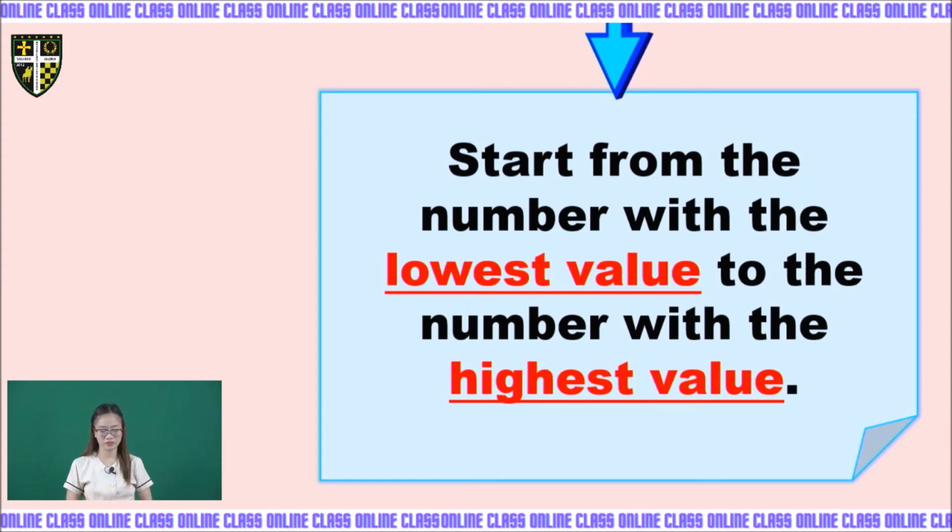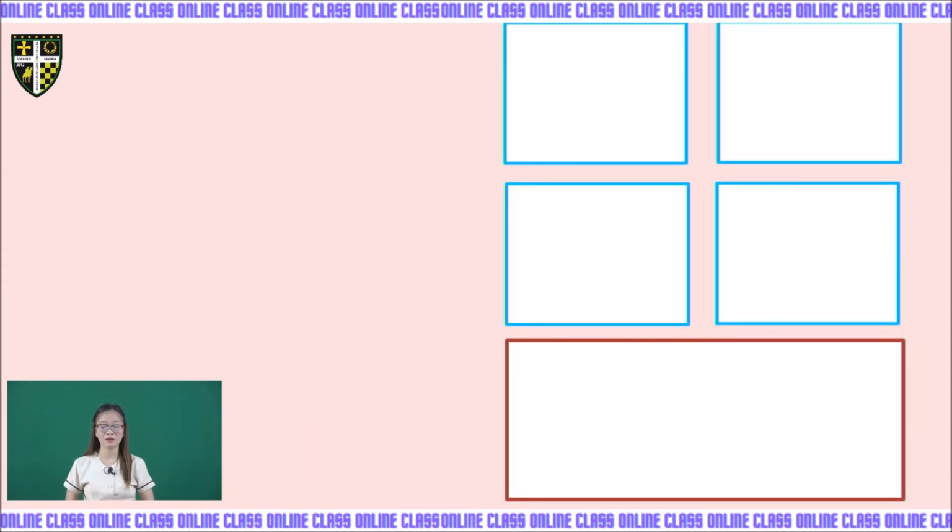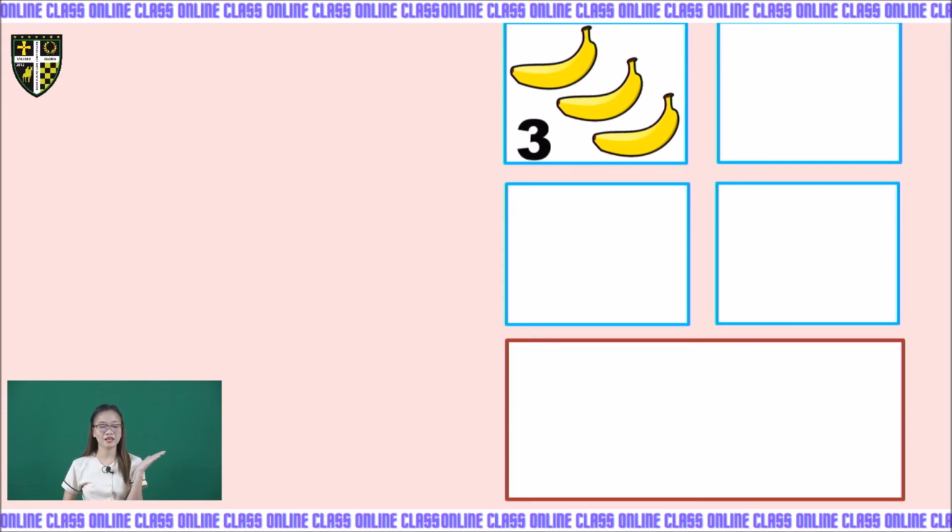Okay, let's start. Again, we have set A, set B, set C, and set D. So let's start counting. We have 1, 2, 3. So we have 3 bananas for set A. Next, we have 1, 2.